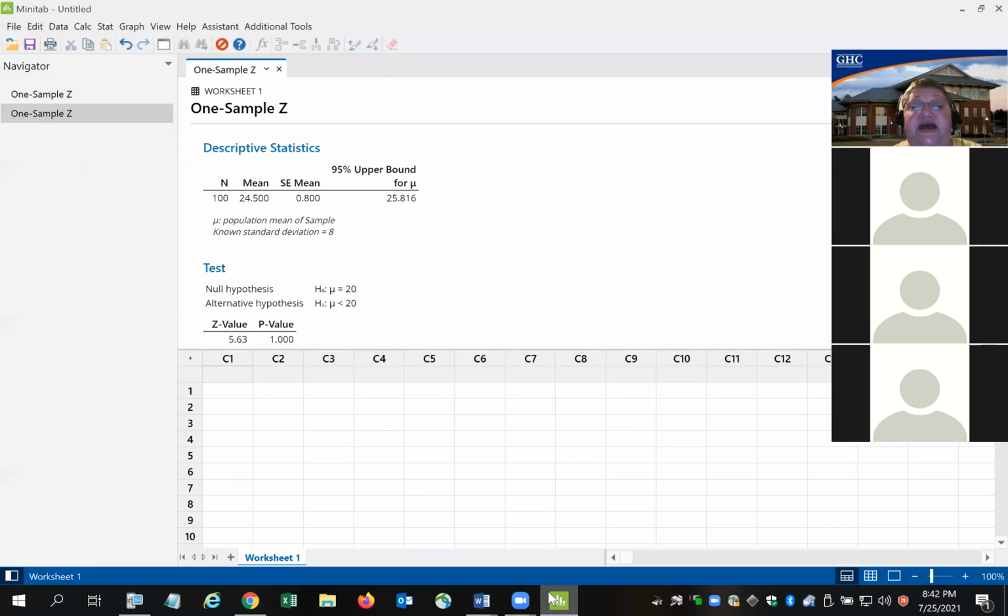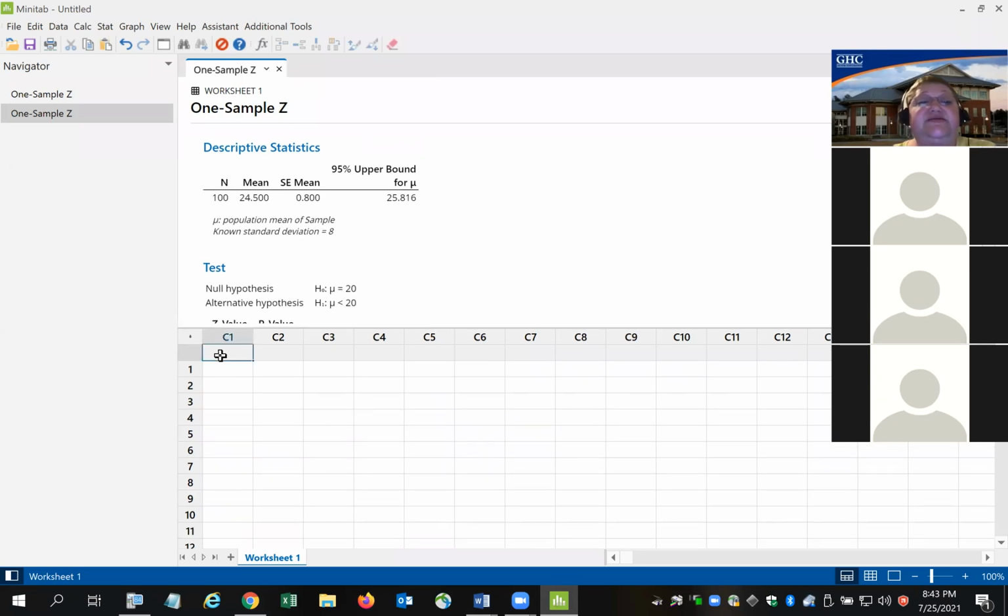I'm going over to Minitab, and I'm going to enter the data. So in column 1, I'm going to put the number of stories, and that's my X variable. And I'm going to go ahead and type those in: 35, 55, 65, 25, 67, and 23.